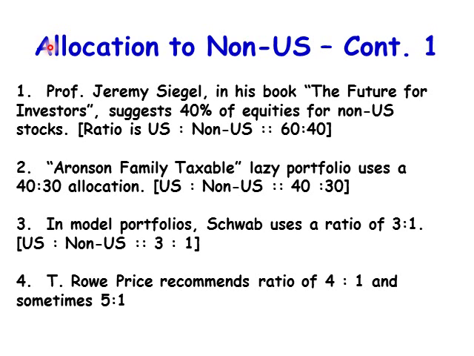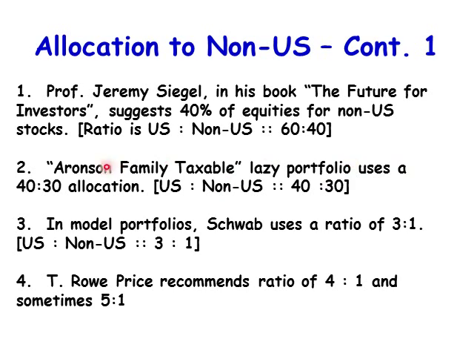So let's look at all the issues involved. Let's see what the gurus say about this allocation here. Professor Jeremy Siegel, in his book The Future for Investors, suggests 40% of equities for non-US stock. That is, the ratio of US to non-US is 60 to 40. We studied the lazy portfolio of Aronson Family Taxable.